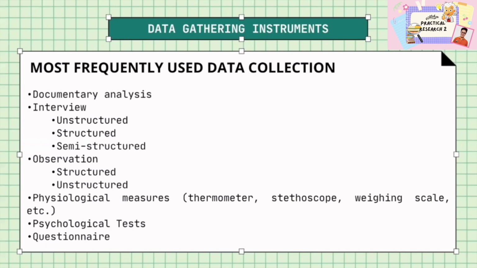Those are examples of psychological tests, but I don't think I have to discuss them with you thoroughly because conducting research in this field is not suitable for you, as we are just doing practical research. From the word itself, practical, practice. This is just practice, so you are not yet ready for that kind of research.